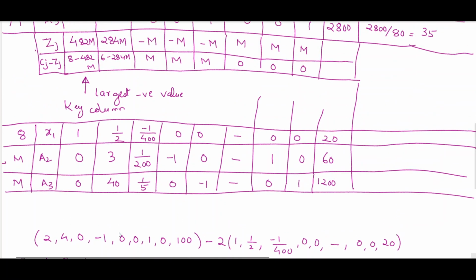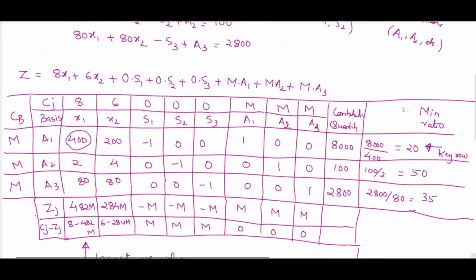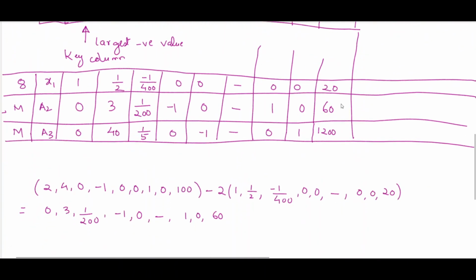Now what is the last column? The last column is your minimum ratio. You have to compute the minimum ratio. So for that, again you have to go for the Zj and Cj minus Zj computation. Again you will do.